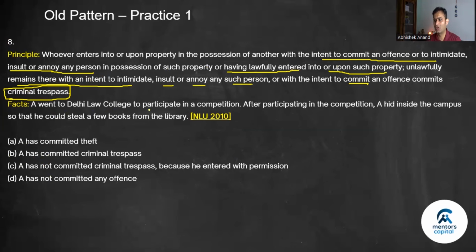A went to Delhi Law College to participate in a competition. Okay, fair enough. After participating in the competition, A hid inside the campus so that he could steal. This is his intent. So enter lawfully, unlawfully remain there with this intent. So yes, criminal trespass it is. So 8th, the answer is B.